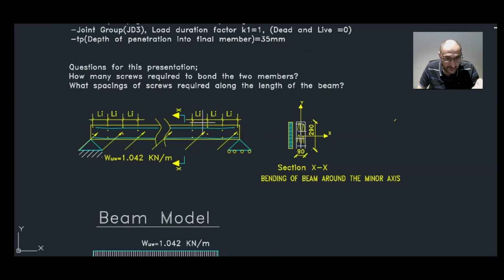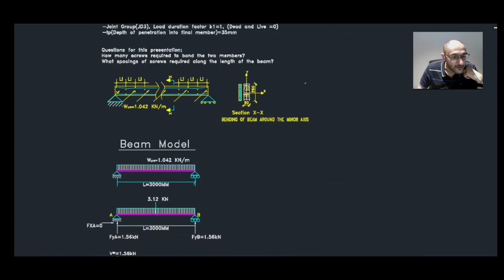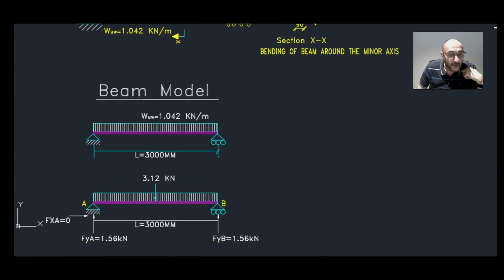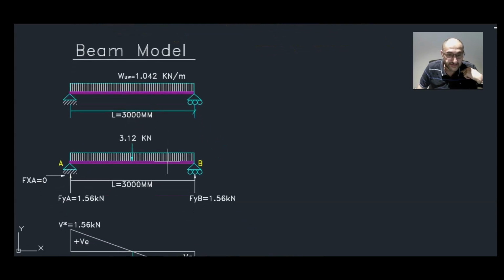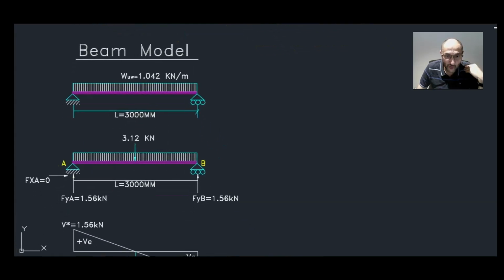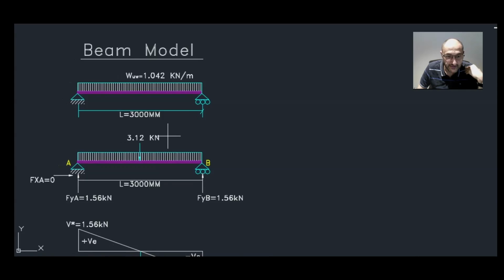And the spacing here is Li, so that's length internally parallel to the grain of the timber. Right. Okay, now what are we up to? The beam model is a simply supported beam with a UDL of 1.042 kilonewton per meter.